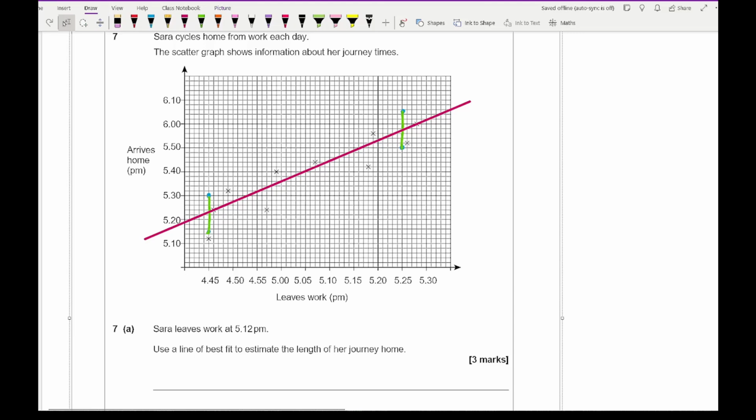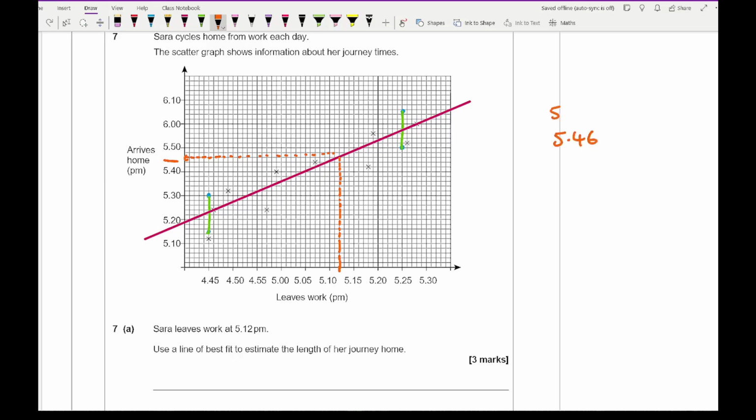So then what we need to do is from the line of best fit, find 5:12, which is here. So then projecting upwards till we hit our line of best fit, we then scroll across, and then we just need to read off what time this is. Now I make out that to be around about probably 5:46.